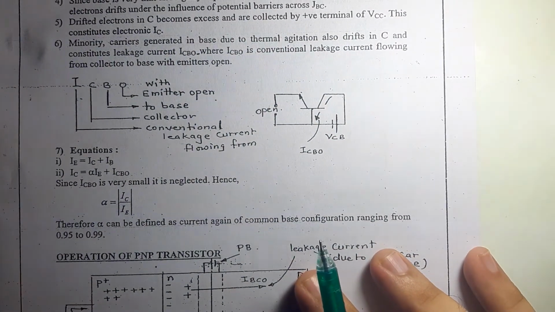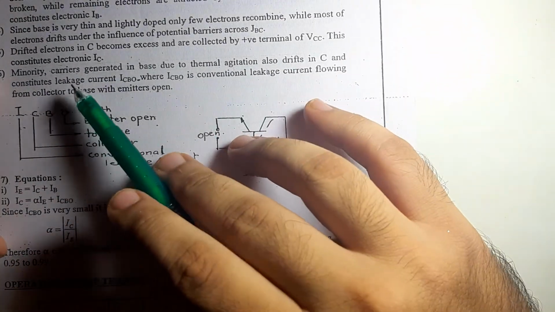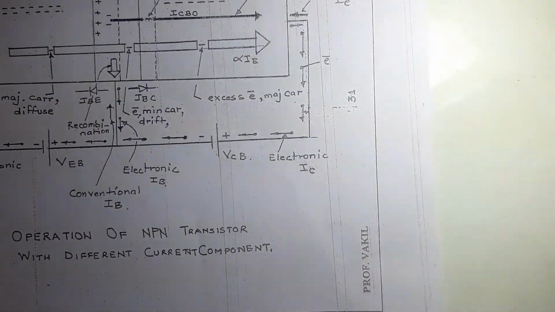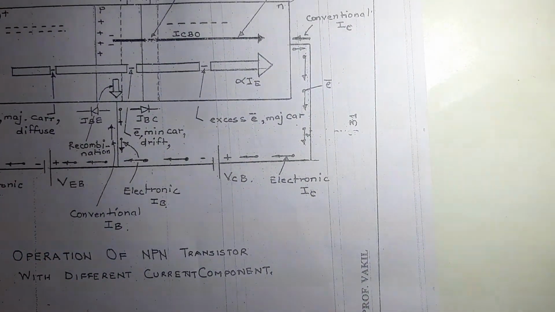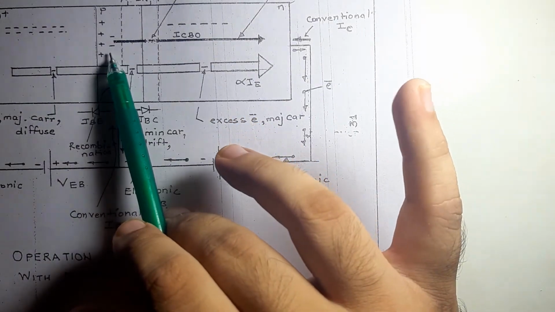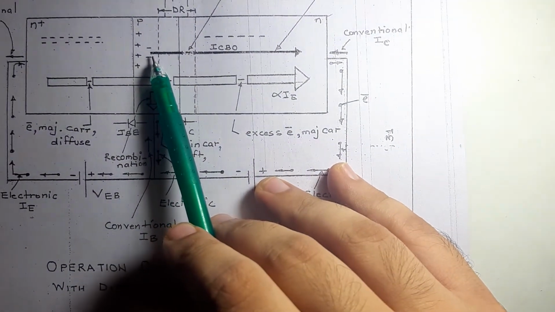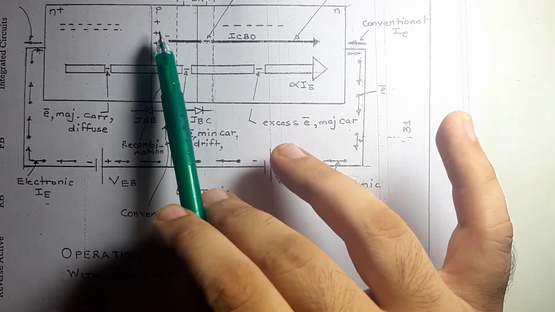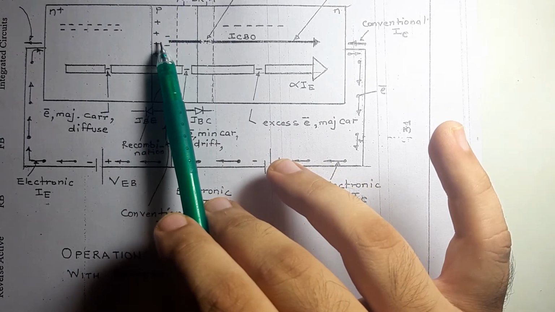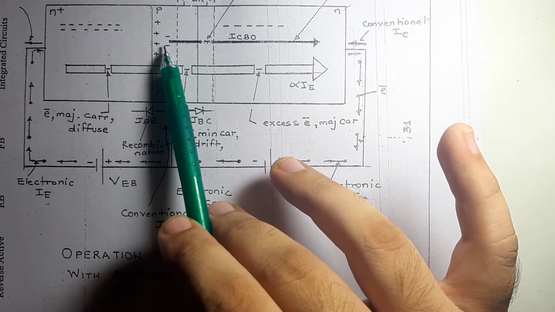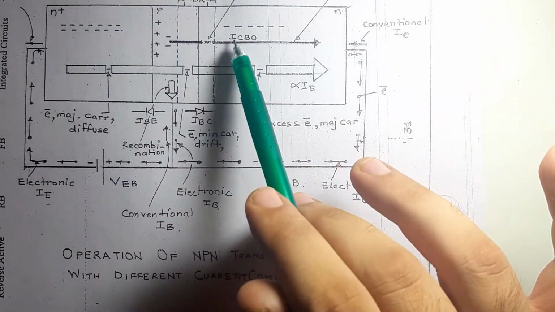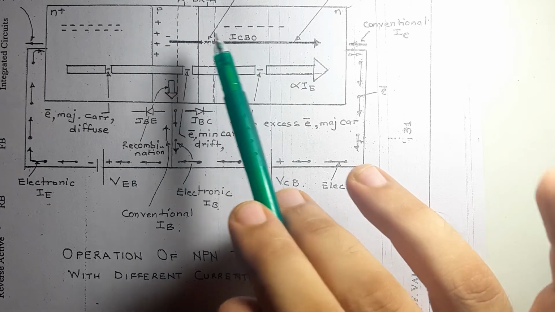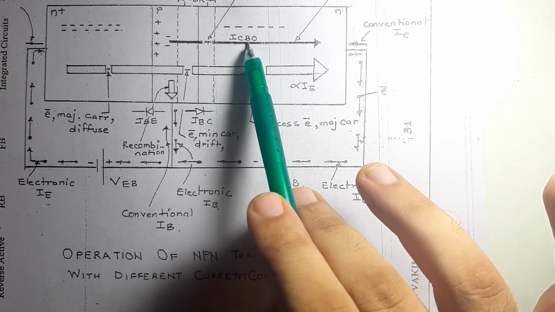Now as you can see over here, it is written that minority carriers are generated in base. I'll keep the diagram in front of you so that it becomes easier for you to recollect. Now over here, minority carriers in base, these are the minority carriers over here, bacha. These minority negative charge electrons are generated in base due to thermal agitation, which drift in C and constitute the leakage current ICBO, which is nothing but the conventional leakage current flowing from collector to base, hence CB.